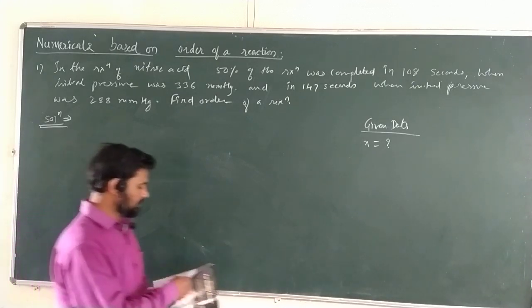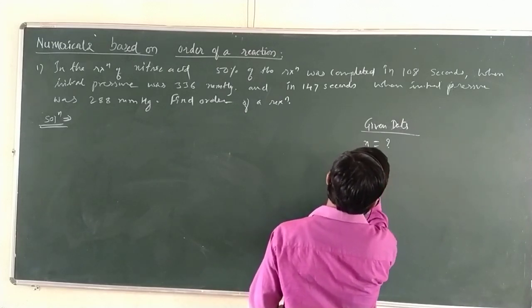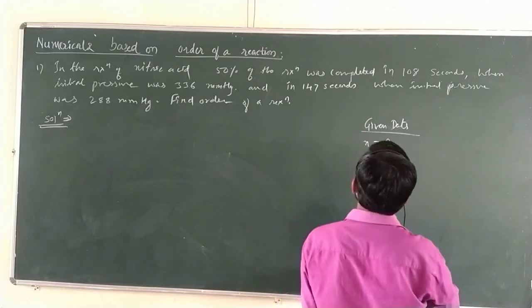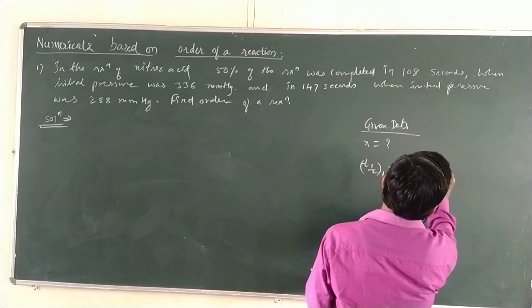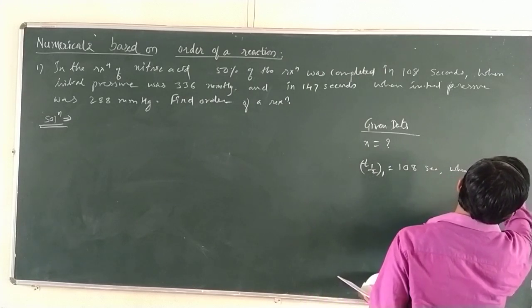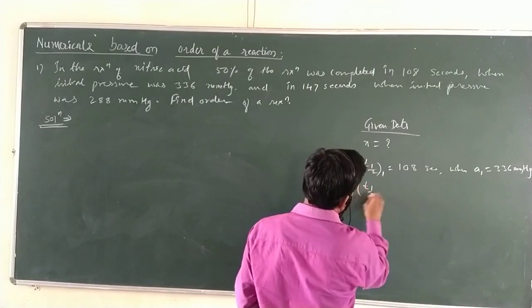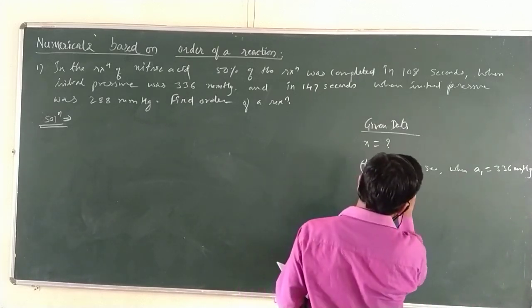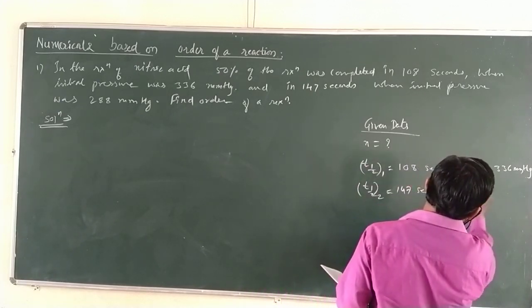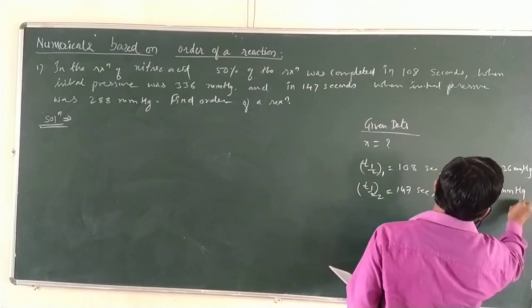Okay. Now write here, T half of 1 equal to 108 seconds when A1 equal to 336 mmHg. Second, when T half of 2 will be 147 seconds when A2 equal to 288 mmHg.